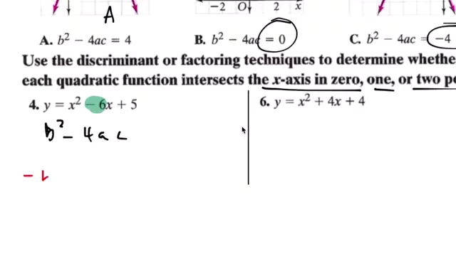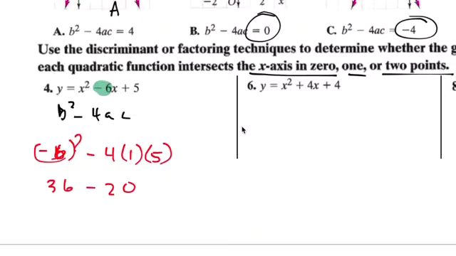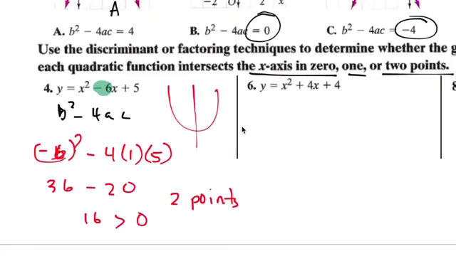So we get negative 6 squared minus 4 times a, which is 1, times c, which is 5. 36 minus 20. So 16 is greater than 0. It's 2 points. It intersects the x-axis 2 times, 2 points. So on a graph, there's the x-axis, 1, 2. Okay.